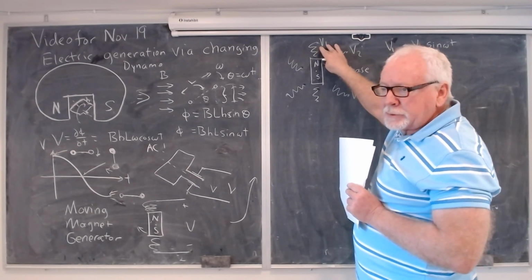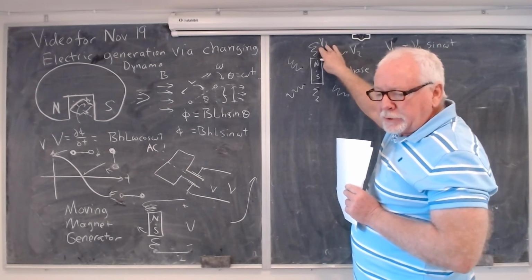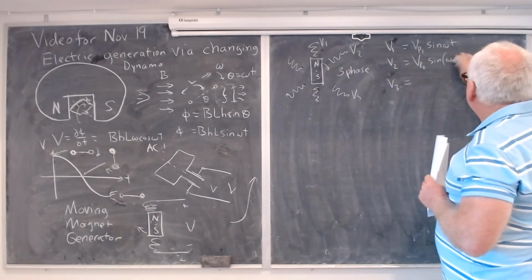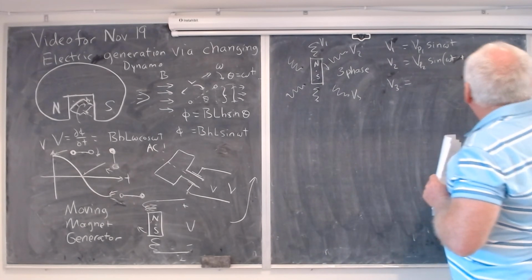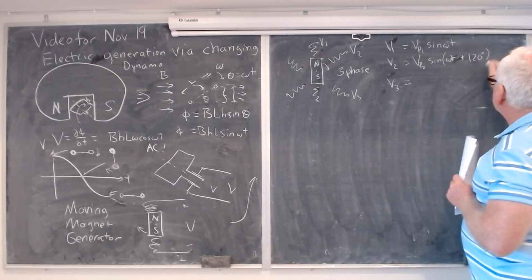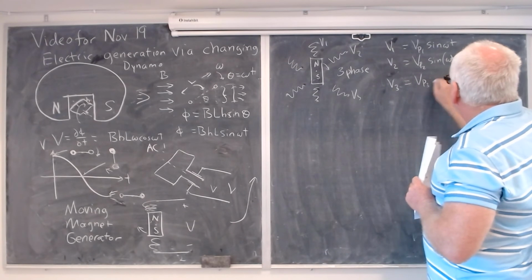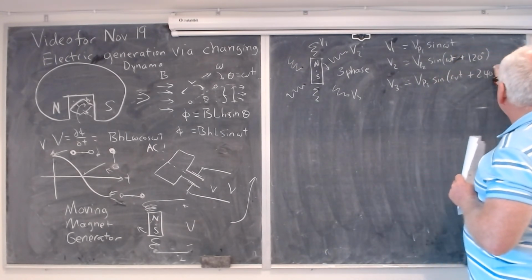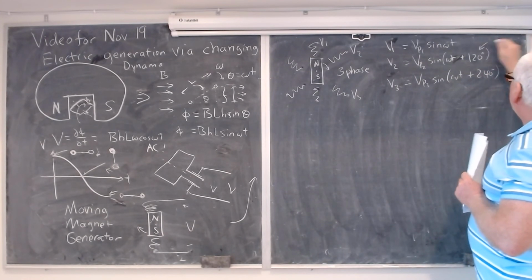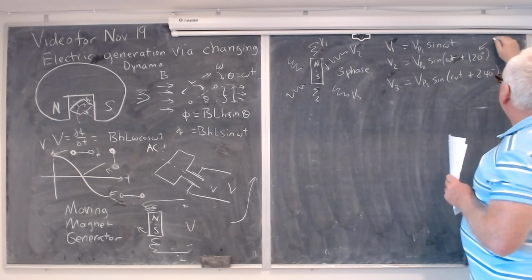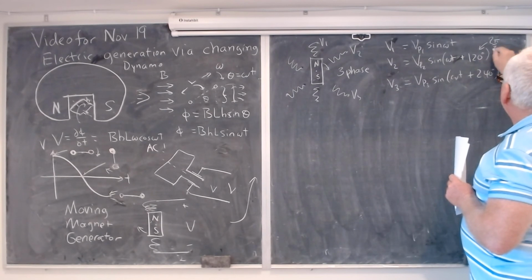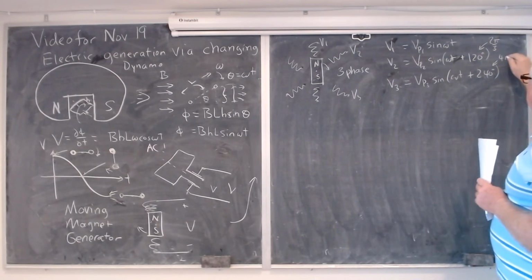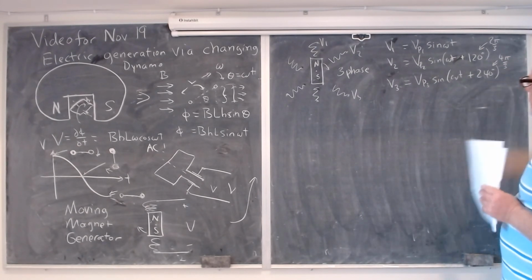So they're evenly split in 360 degree space. So this is omega t plus 120 degrees out of phase, and this one is omega t plus 240 degrees out of phase. You can also write that as 2 pi over 3, because 2 pi is 360, and you can write that as 4 pi over 3, because that's twice as much.